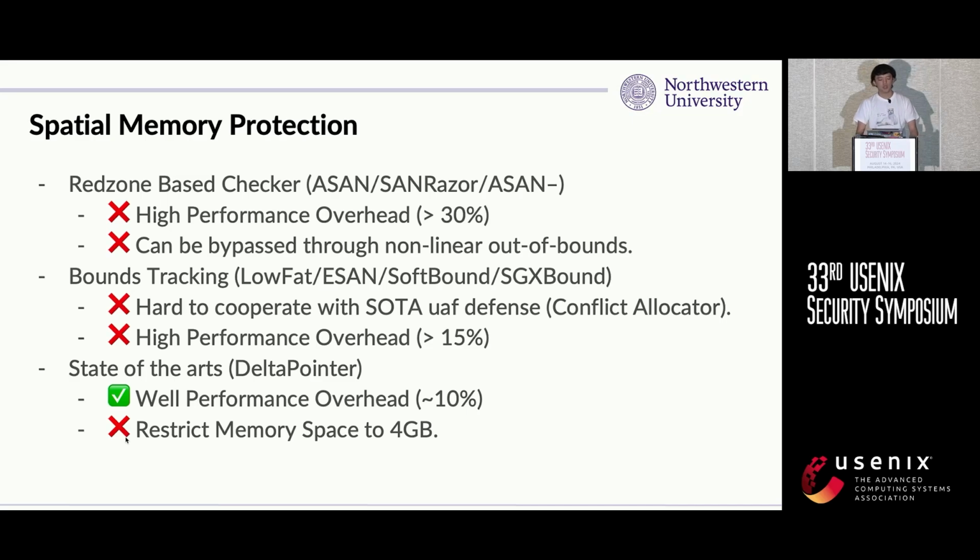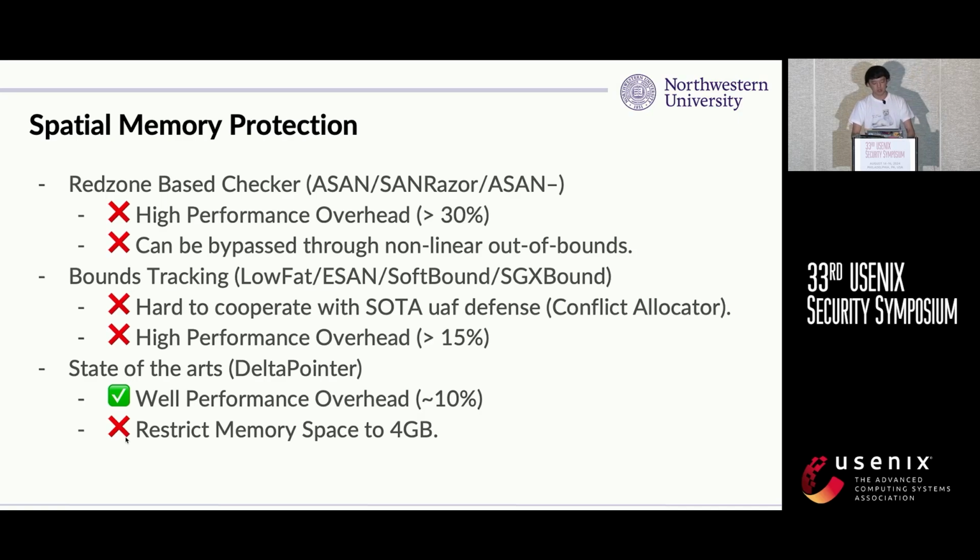For example, the red zone-based check, ASan, and its variants usually have high performance overhead, and they can also be bypassed through non-linear out-of-bound vulnerabilities. Some boundary checking methods have relatively lower overhead, but they cannot cooperate with SOTA UAF defenses since they use their own custom allocator, while most UAF defenses have the same requirement.